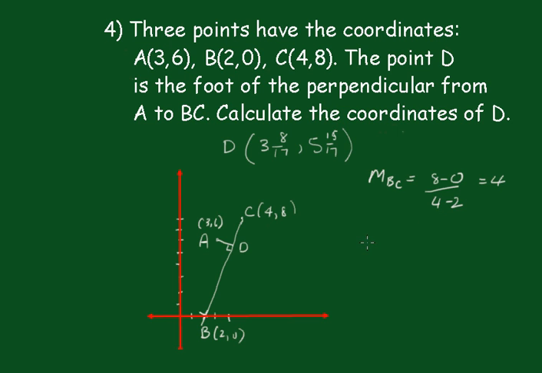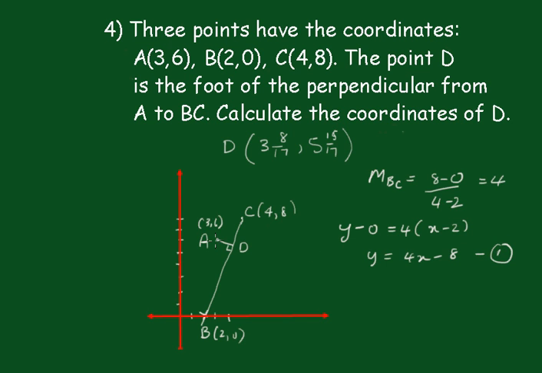So the equation of BC is y minus 0 equals 4 times (x minus 2). So y equals 4x minus 8, and we'll call that equation 1.